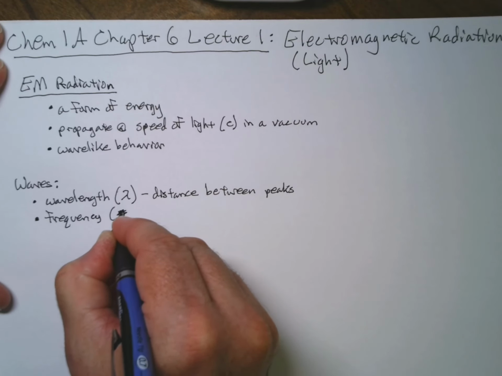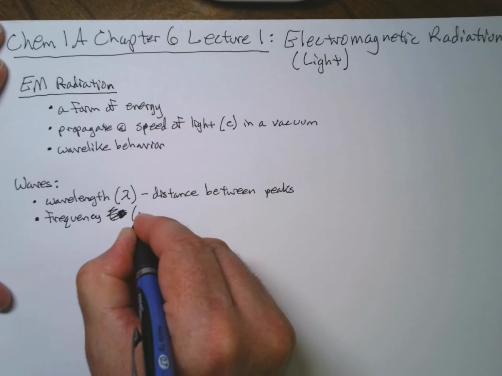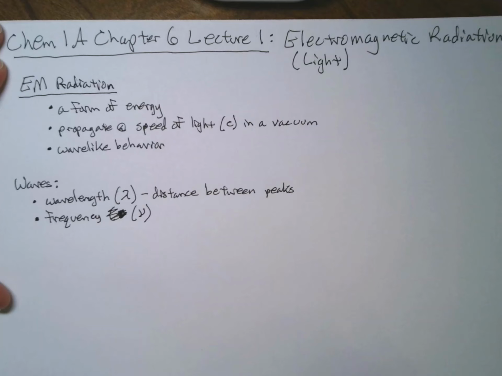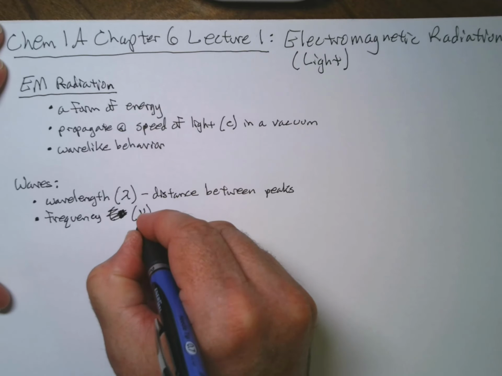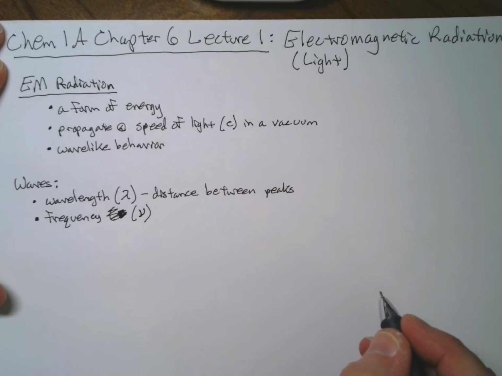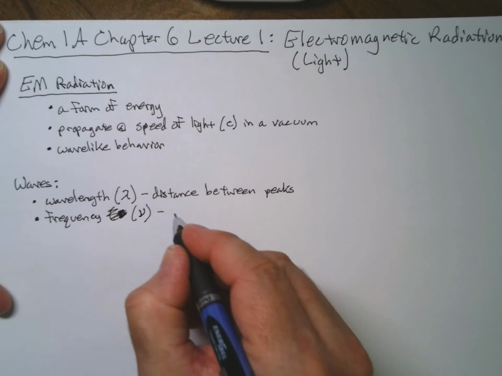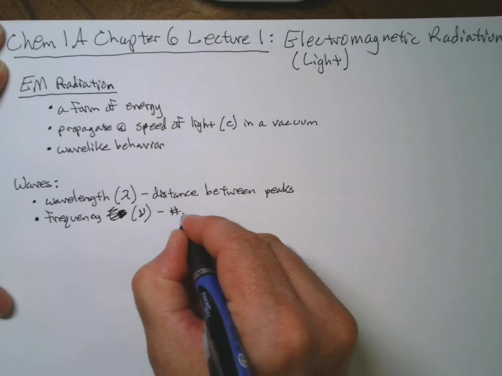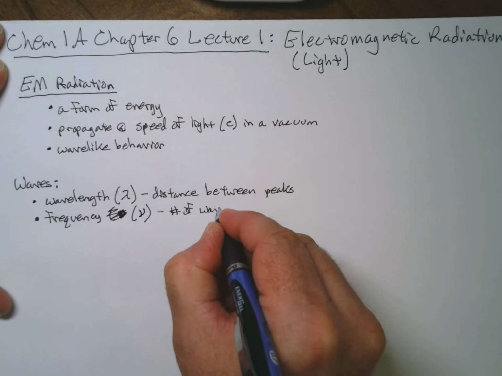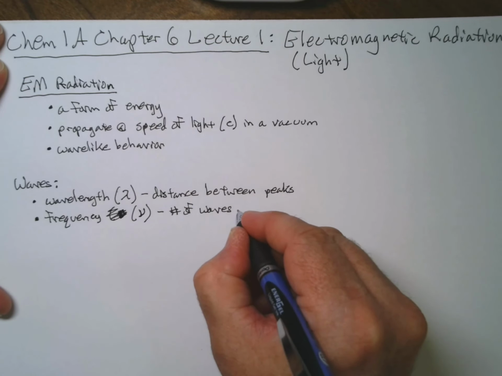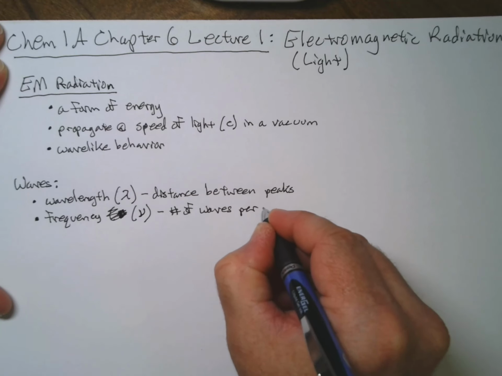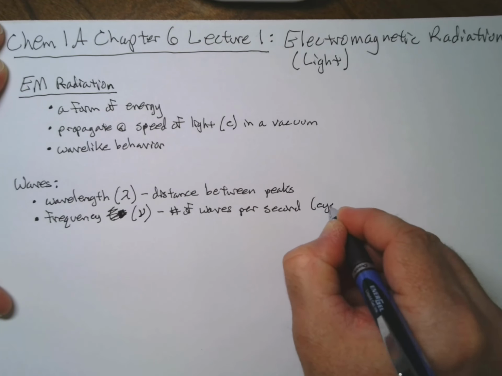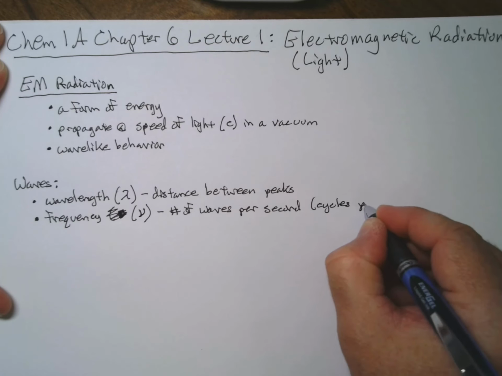It looks like a slanty pointy V. And this is the number of waves that go past a point per second, sometimes called cycles per second.